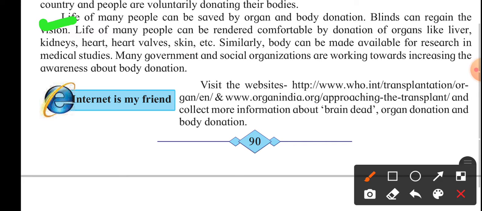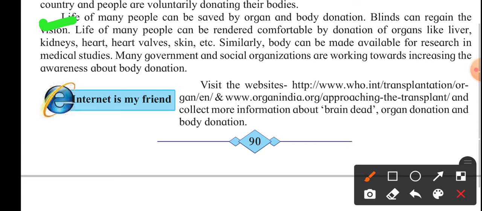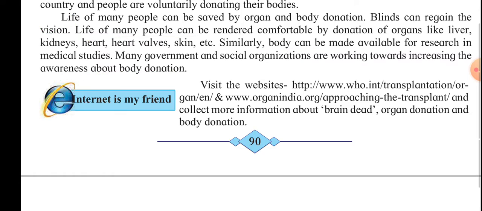Blind people can regain vision. Many people can be rendered comfortable by donation of organs like the liver, kidneys, heart valves, skin, etc. Similarly, the body can be made available for research in medical studies. Many government and social organizations are working towards increasing awareness about body donations.